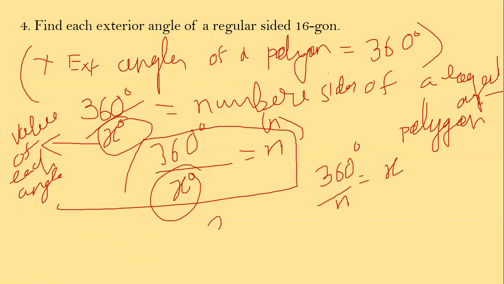So 360 degrees, and I know n is given to us, which is 16. So what is the value of x? x is each exterior angle.